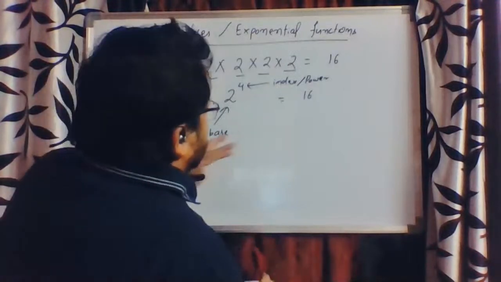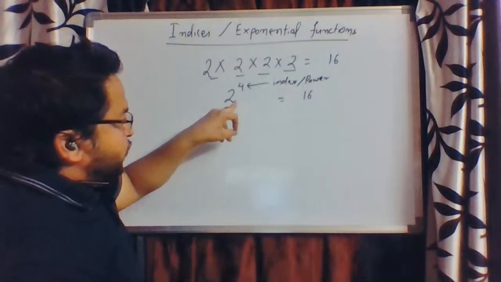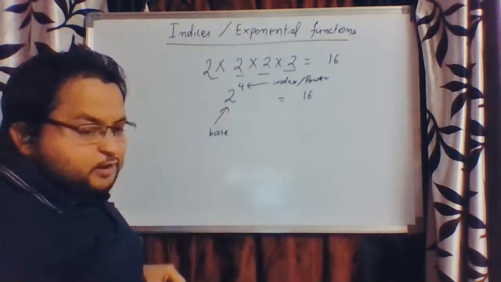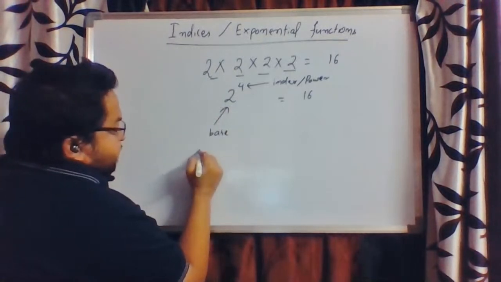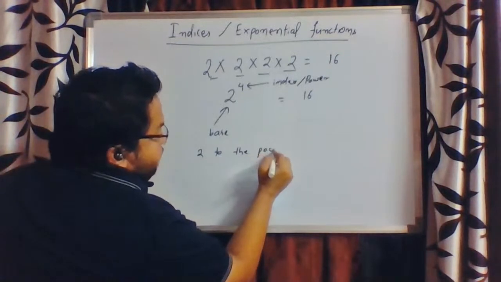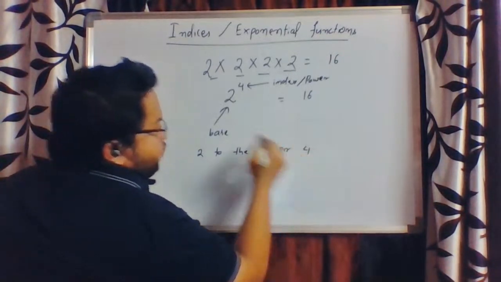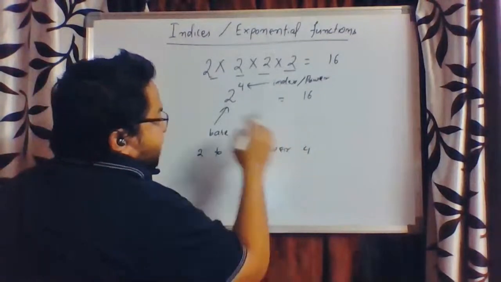But please note down this basic definition that 2 to the power 4 is read as 2 to the power 4. That is the most common way of reading it out. And how do we find it out?